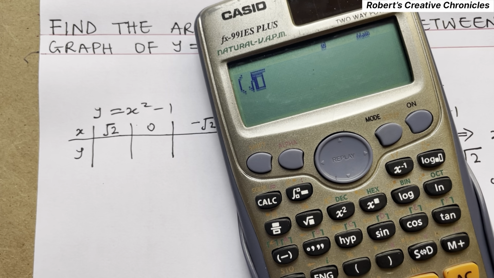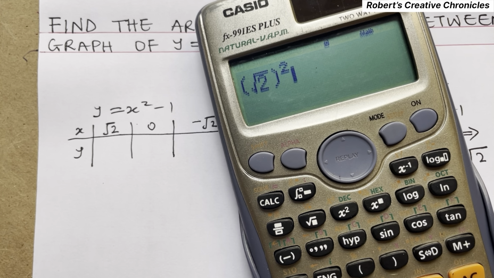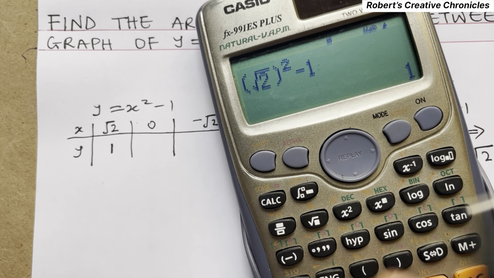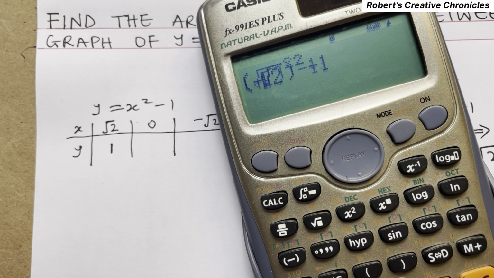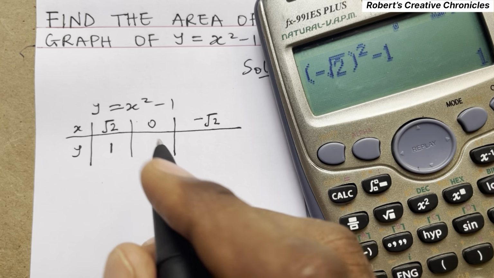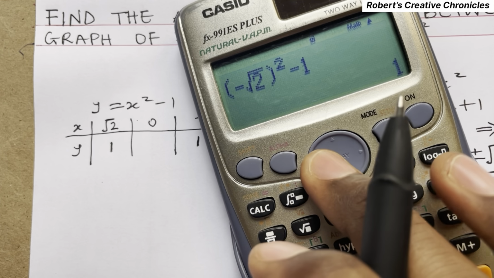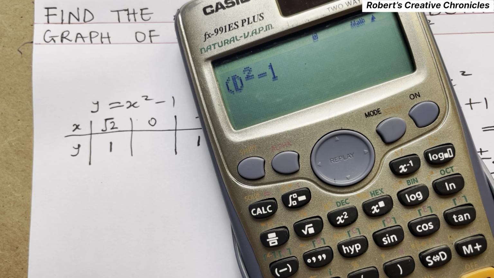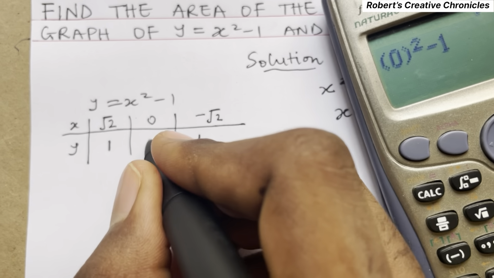This will be root 2 squared minus 1. This is 1. Then negative root 2 squared is also 1. Then this one is 0, which is negative 1.